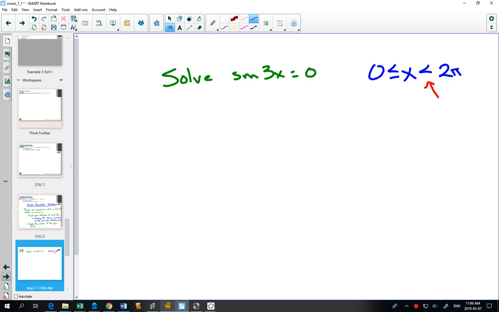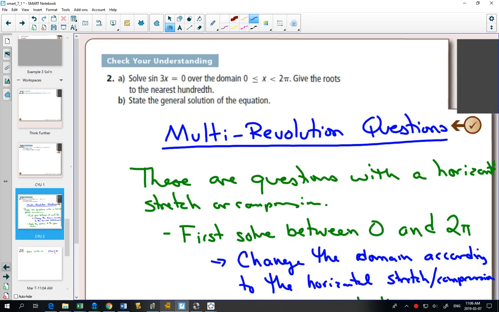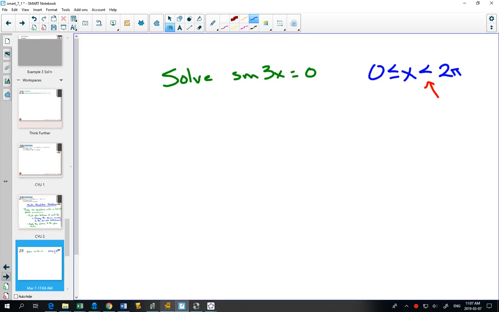So what we do in a multi-revolution question, and this was part of this first note that I wrote here in blue: first solve between 0 and 2 pi. Our question is between 0 and 2 pi. But change the domain accordingly to the horizontal stretch or compression. Okay? And what that means is you're used to solving questions like sine theta equals 0. That would be easy.